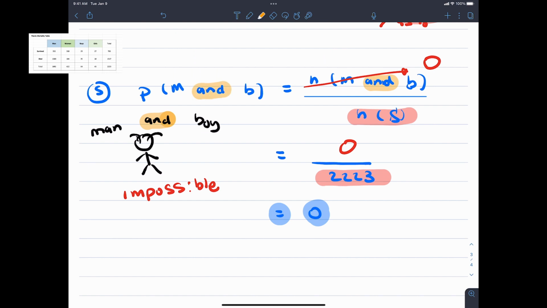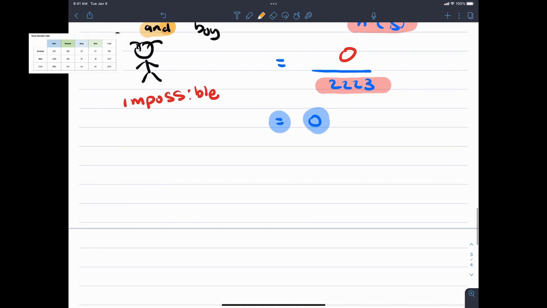That means you're both a man and a boy. Because a man is somebody who's at least 18. A boy is somebody who's what? Under 18. Okay? You guys see the language, how that's important? So you can't be both. Your age cannot be under 18 and at least 18.